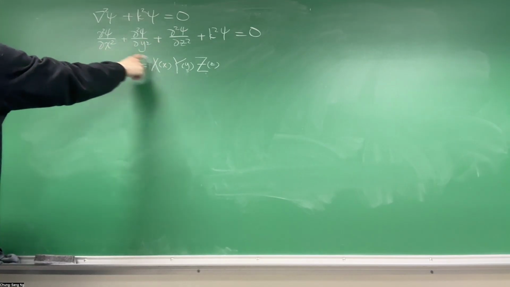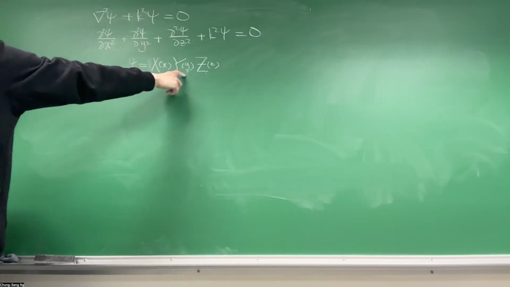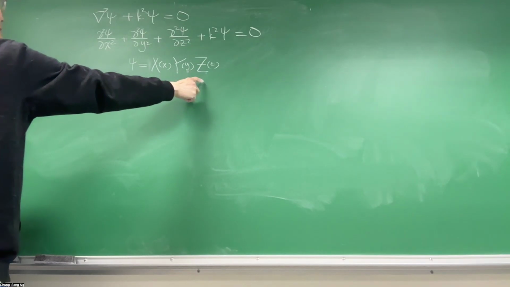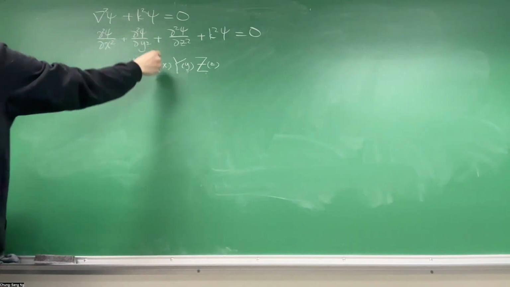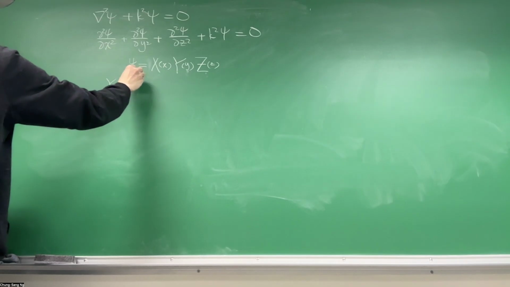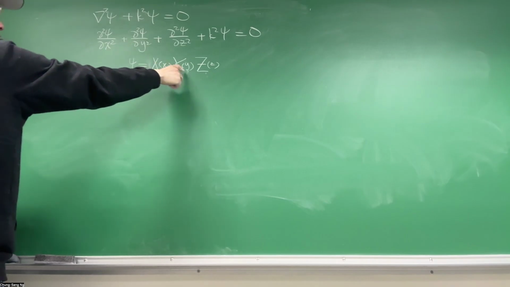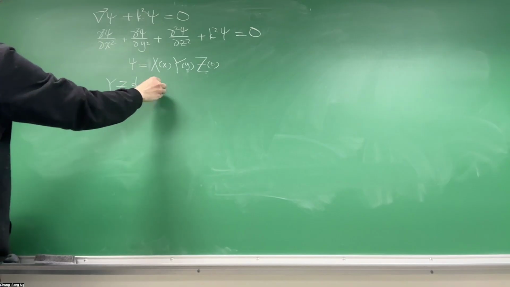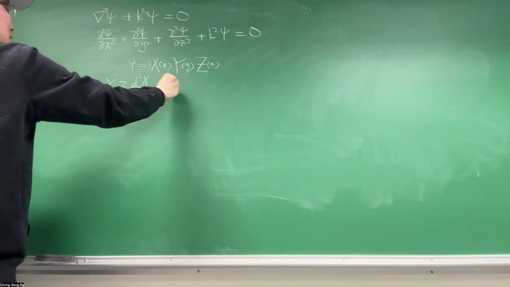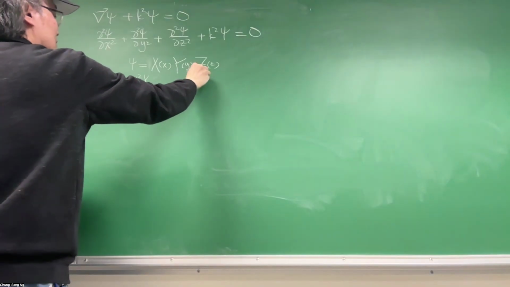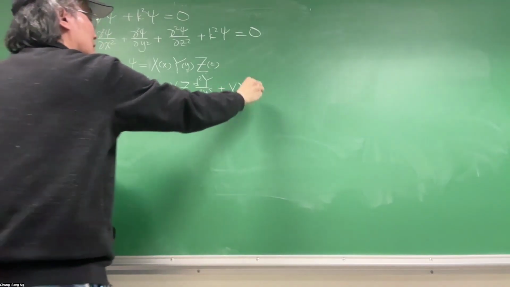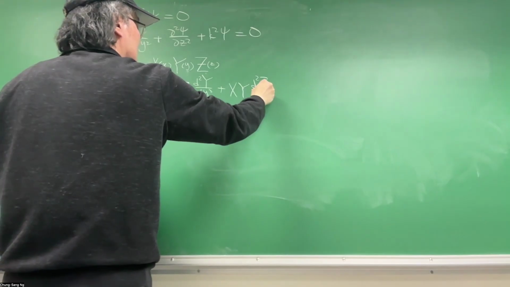The first term operates just on capital X, the second term operates just on capital Y, and the third term operates just on the third factor, capital Z. Then you can write the first one as Y times Z, and because it now depends on just one variable, it becomes a total derivative, d squared X dx squared, plus X times Z, d squared Y dy squared, plus X Y, d squared Z dz squared.